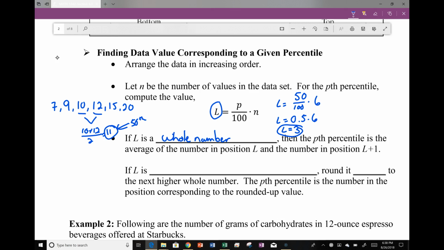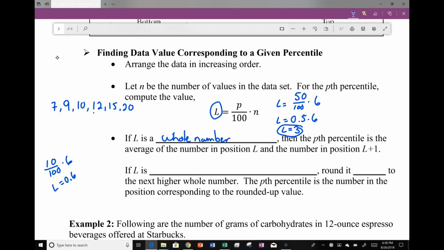Keeping these same data values, if I want to find, let's say, the 10th percentile, I'm going to take 10 divided by 100 and multiply that by 6, and I get 0.6.